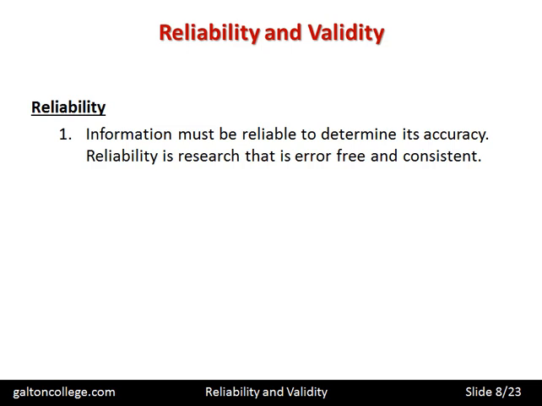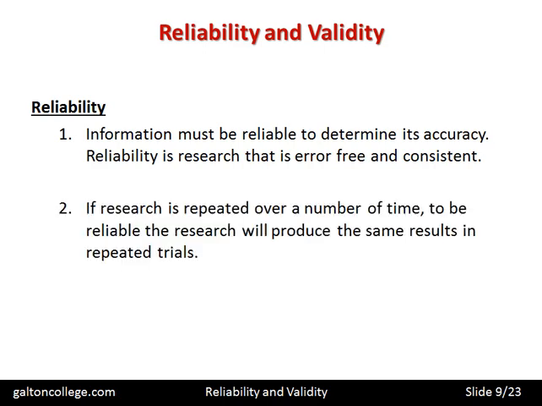Information must be reliable. If it's not reliable, it shouldn't be used. If it's suspect, then it shouldn't be used. Reliability is research that is error-free and consistent. So if it is error-free and consistent, it's reliable.